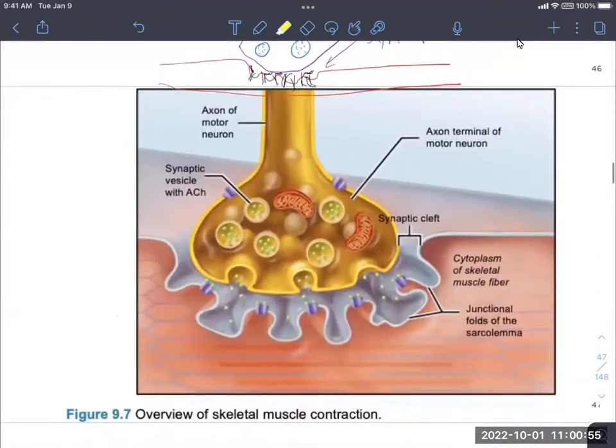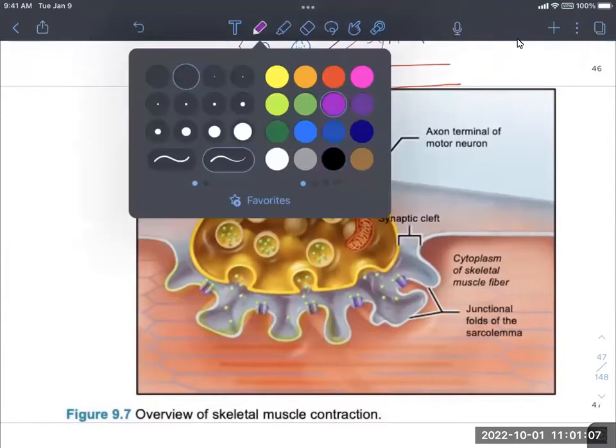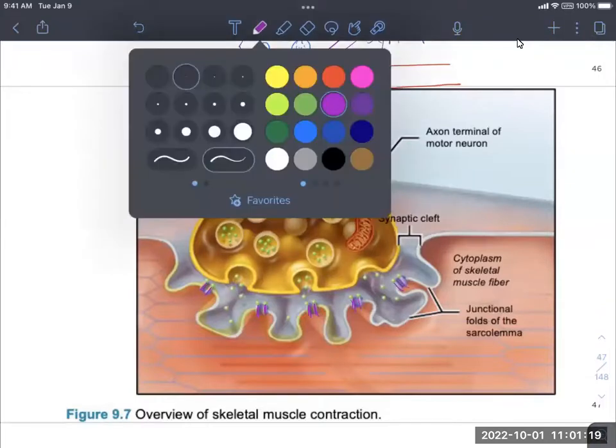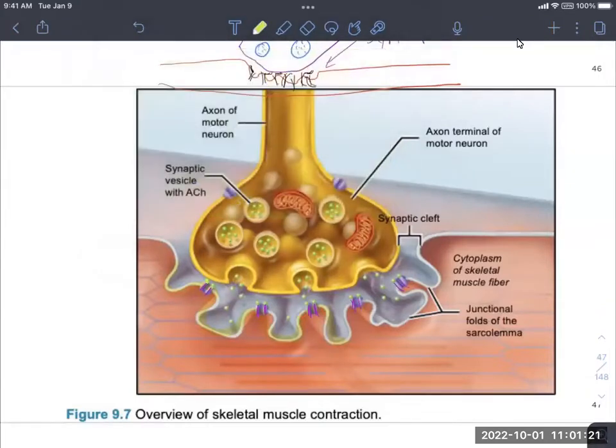So here's a better drawing than mine, of course. You see all these junctional folds that come down. This is what helps to increase that surface area. The purple are those ion channels, and the green that attaches is the acetylcholine. That makes these ligand channels, because the acetylcholine attaches to this ion channel and allows it to open.